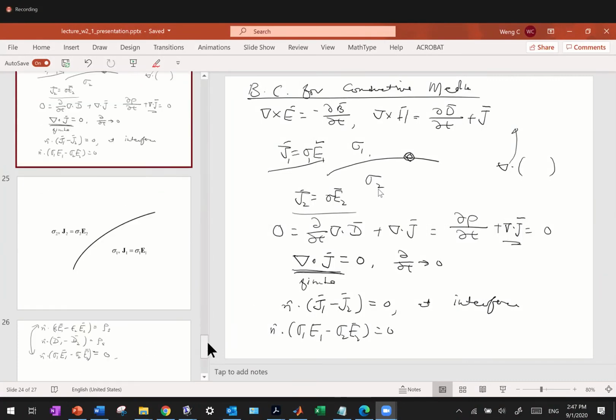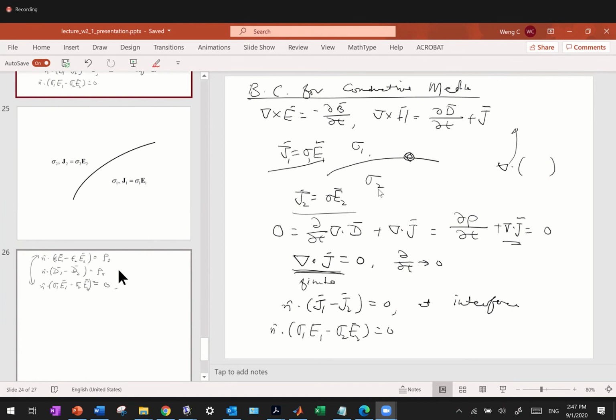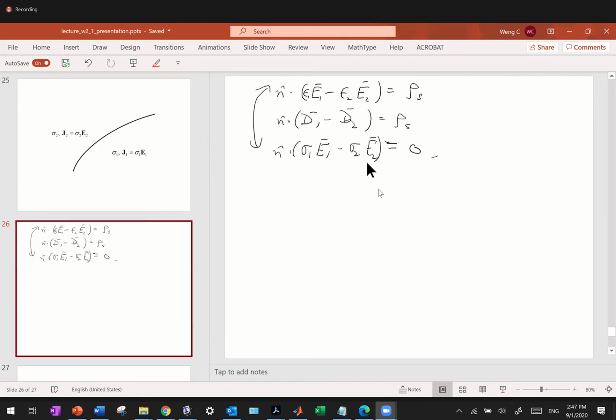However, these two boundary conditions seem to contradict each other. One says that the normal flux is discontinuous but proportional to the surface charge density. In a conductive medium, the normal component of the current must be continuous and hence equal to 0. But these two are compatible with each other as long as you have a surface charge accumulation.